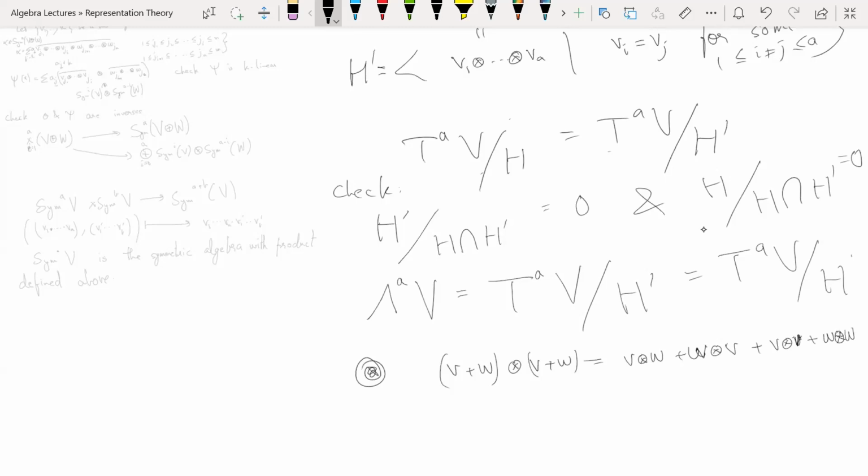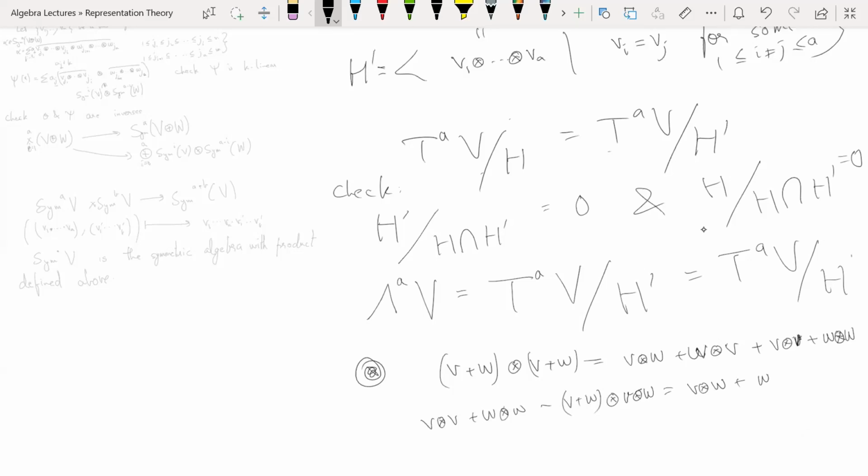And this is equal to 0. So you move this to the other side, so you get v tensor v plus w tensor w minus v plus w tensor v plus w. So this is the basic step which I was forgetting, which is the same as v tensor w plus w tensor v.